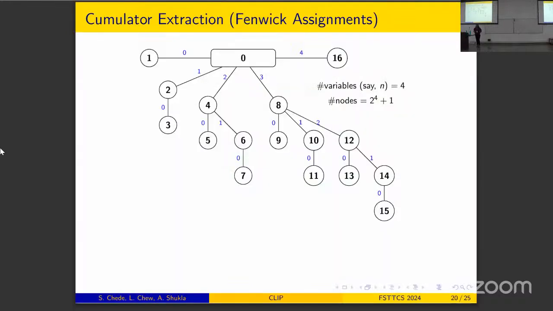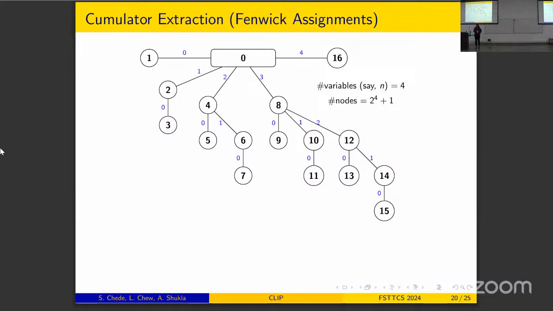Okay, so let's quickly go to the Fenwick assignments, right? I think many of you know this as a binary indexed tree or a Fenwick tree. It is basically used to represent a cumulative sum of an array in logarithmic steps. But here our assignments are exponential, so logarithmic of exponential, we have a linear number of worst case assignments that we can get.